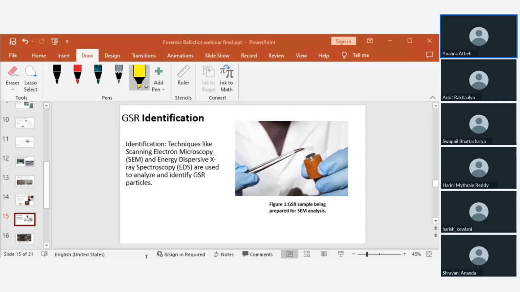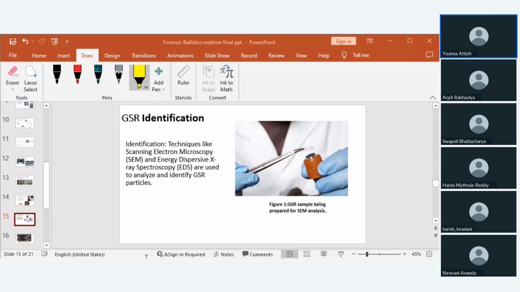By studying the distribution pattern of these residues, again, the lead, barium, and antimony, forensic experts can infer critical information such as the number of shots fired, the proximity between the firearm and its target, and potentially even the direction of fire.